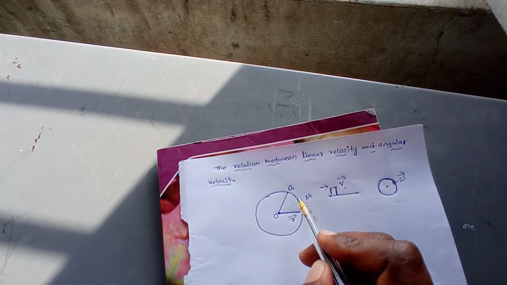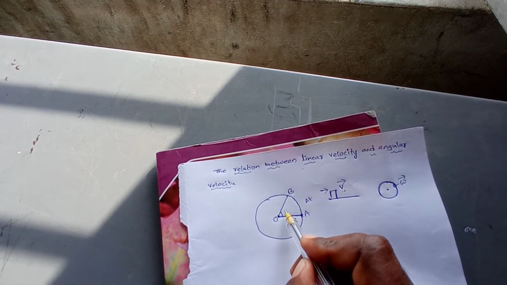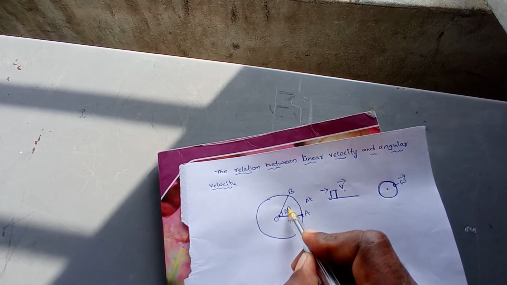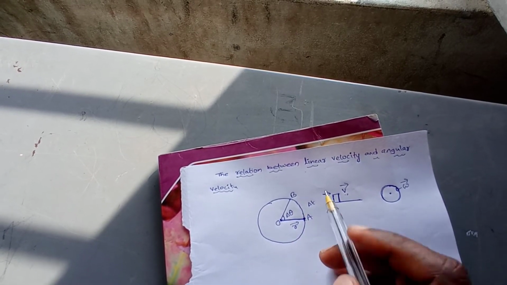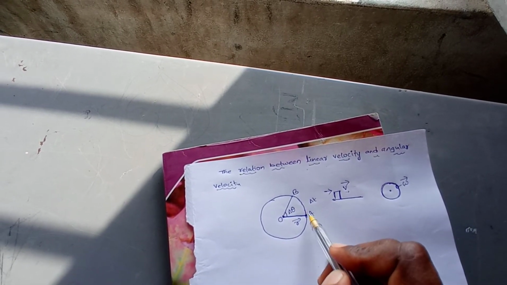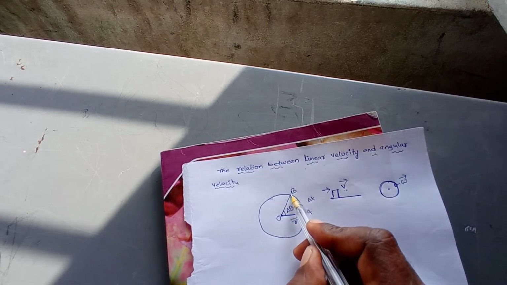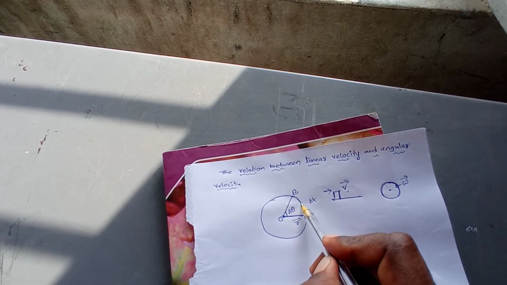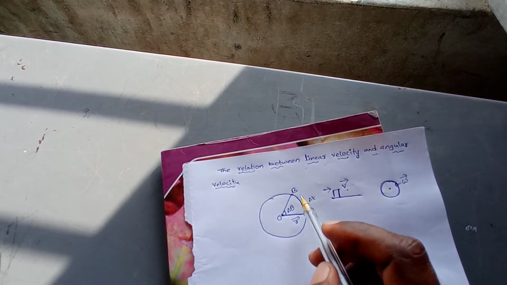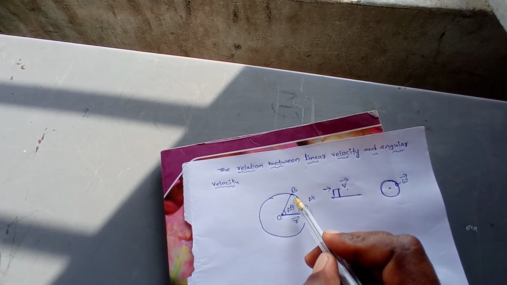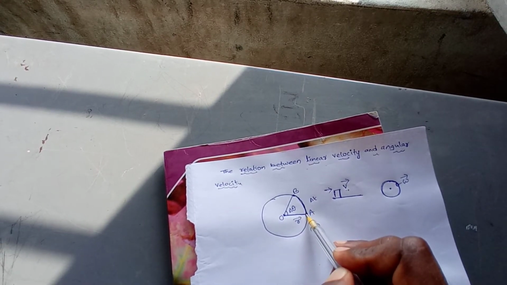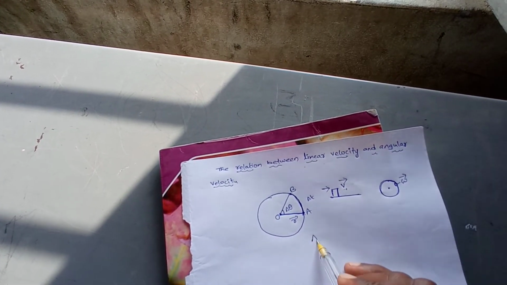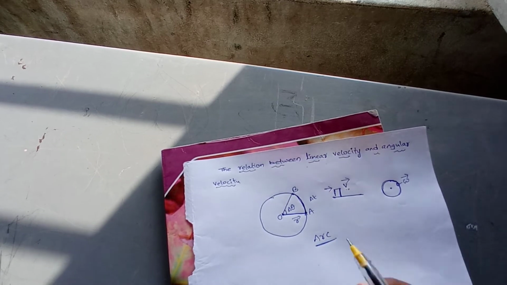So what is the change in angle? The change in angle is delta theta. The distance traveled by the object is AB. So this is a displacement. What is the displacement traveled by the object? That is AB. This AB is also called an arc.